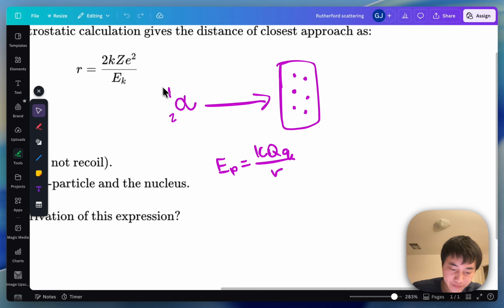In the A-Z-X representation, this is what it would look like. Let's just rearrange for R, which is the distance. We flip everything.